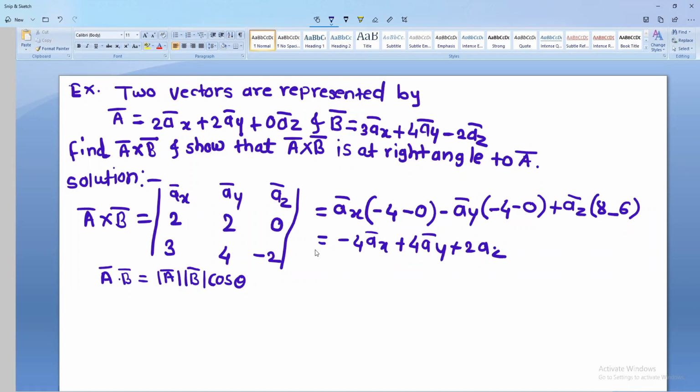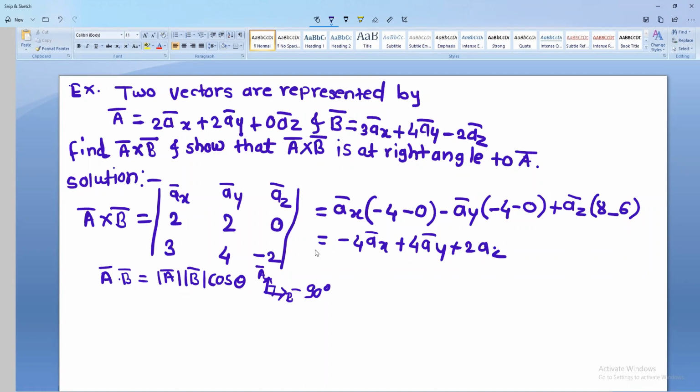The dot product is very simple, that's why we use the dot product to find theta. For a right angle, if two vectors are normal to each other, the angle between them is 90 degrees, right?